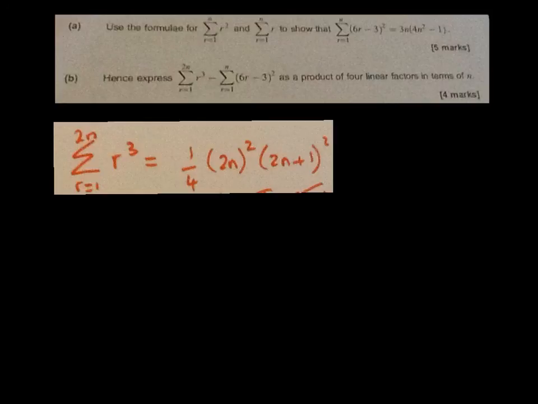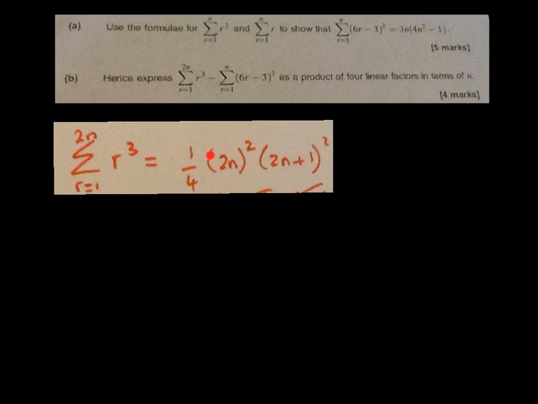What does this mean? Well, instead of going from r equals 1 to n, it goes from r equals 1 to 2n. So all that means is, instead of subbing n in like normal, whenever we've got an n in my r cubed formula, I'm going to sub in 2n. The formula for r cubed is a quarter n squared (n plus 1) squared. So for n squared, I'm going to sub in 2n.